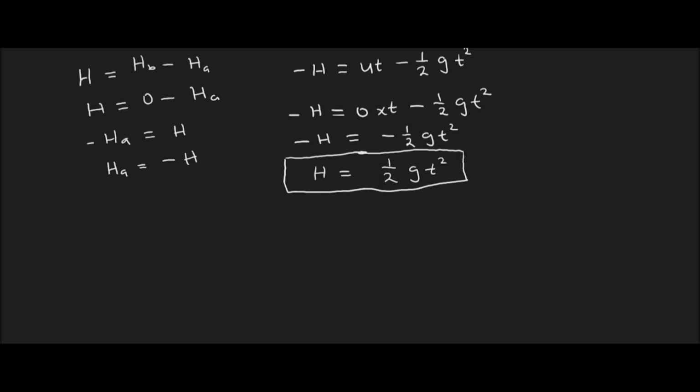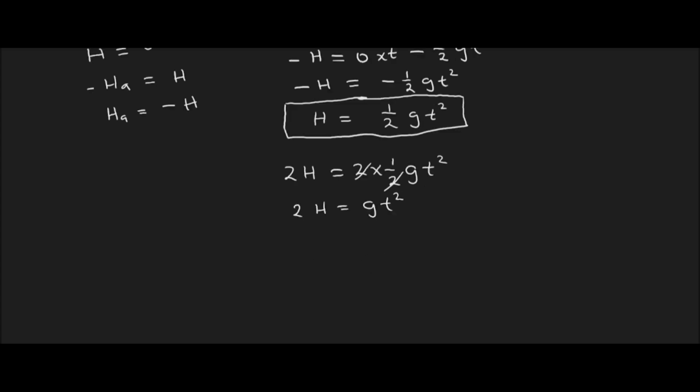Then we have 2h equal to 2 multiplied by 1 all over 2 gt square. These two we cancel. That means 2h equal to gt square. That means gt square equal to 2h.